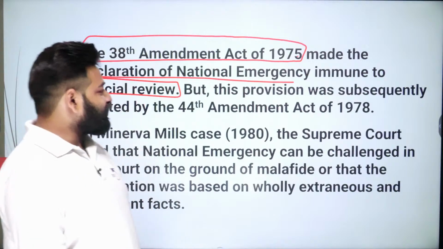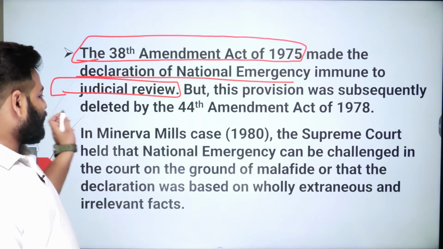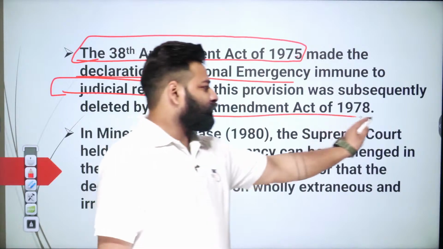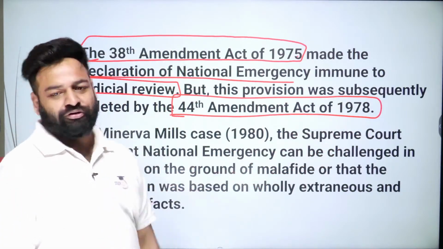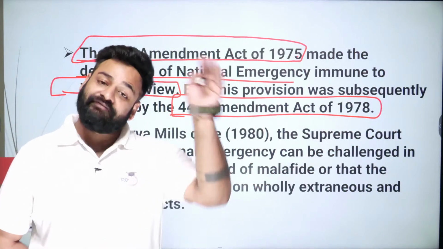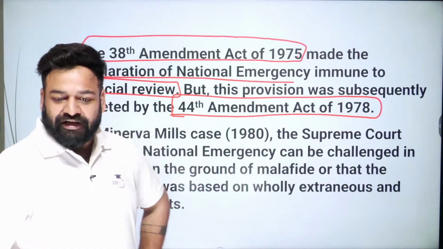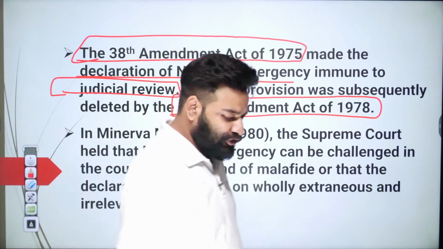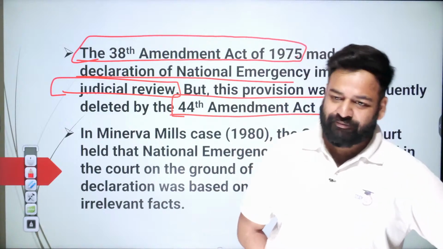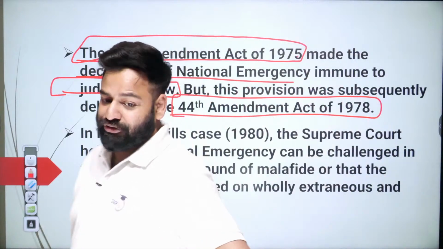This provision was subsequently deleted by the 44th Constitutional Amendment Act. It said that judicial review will be there on emergency. So the 38th Amendment made it clear that there is no judicial review, and the 44th Amendment stated that there will be judicial review.